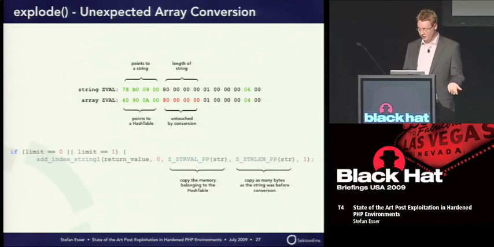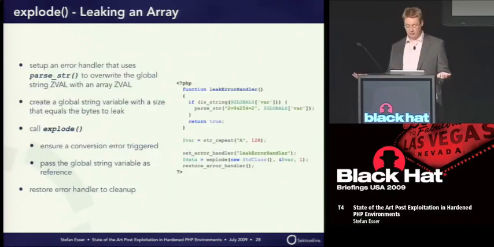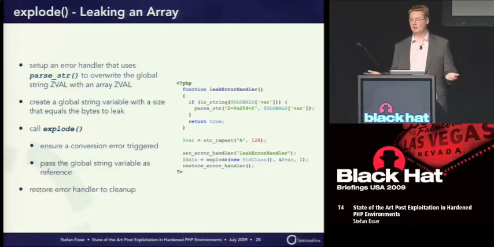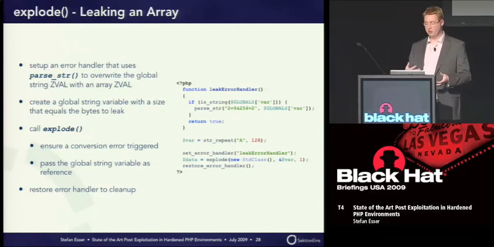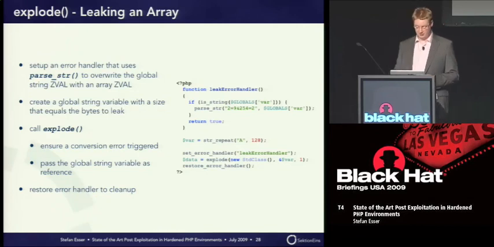So this sounds complicated, but actually, when you write an exploit, it's very simple to do. You just set up a user space error handler that uses, in this case, parseString to convert the variable into an array. And the good thing about parseString is you can also pass some stuff into the array directly.